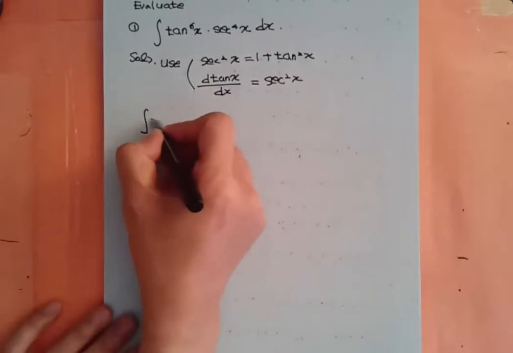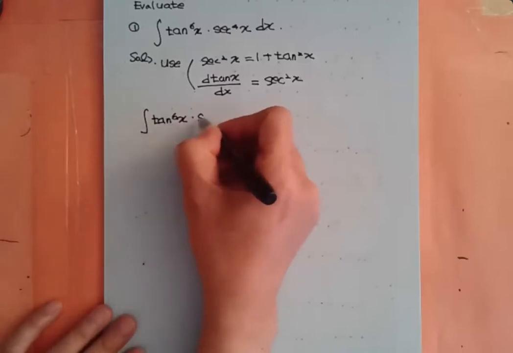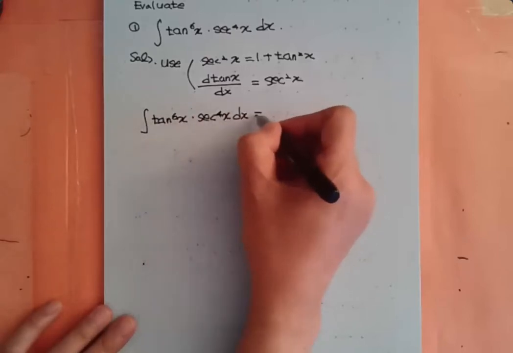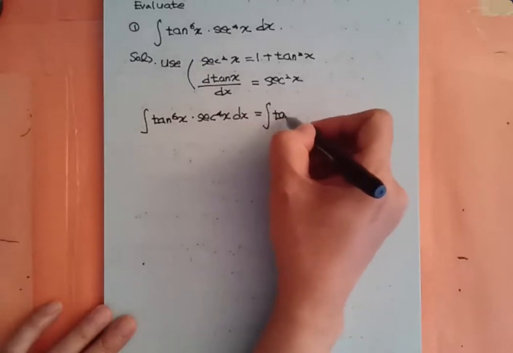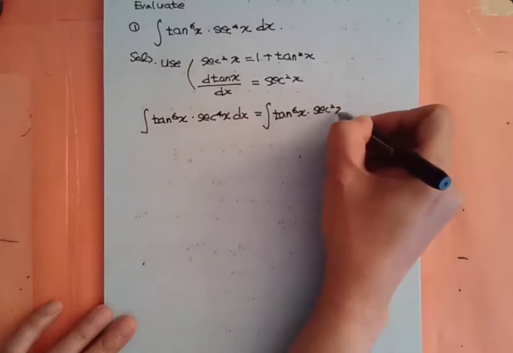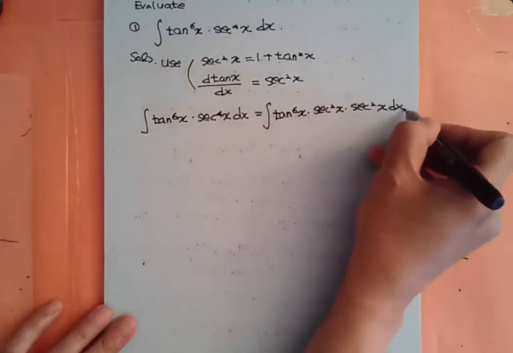So the integration of tangent to the 6th power x times secant to the 4th power x dx. That is tangent to the 6th power times secant squared x times secant squared x dx.